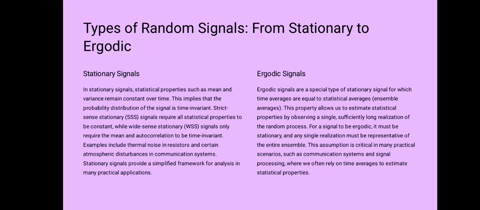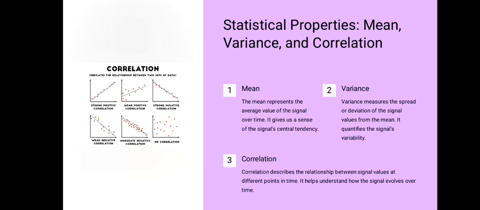Now we will discuss the statistical properties: mean, variance and correlation. Now let's look at some key statistical properties of random signals. The mean represents the average value of a signal over time and gives an idea of its central tendency.